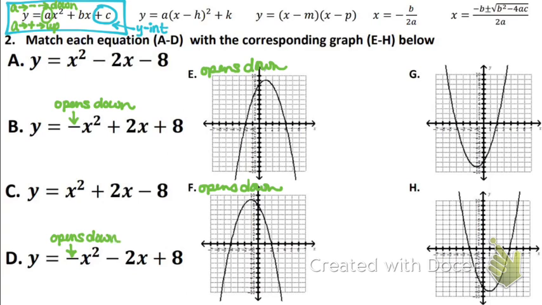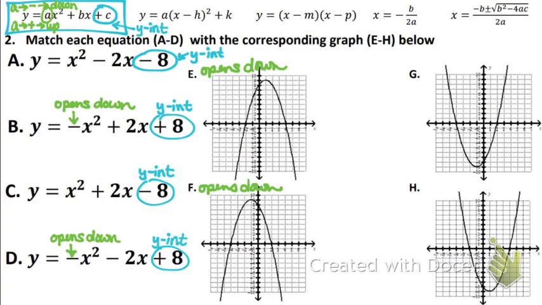We've got our y-intercepts on the ends. Here's my y-intercept for this one. Y-intercept. Look at the two that you told me opened down, the two graphs. What are the y-intercepts on the two graphs that open down?